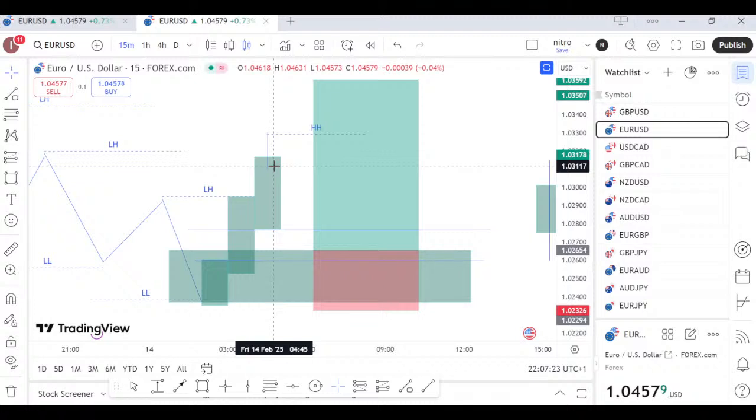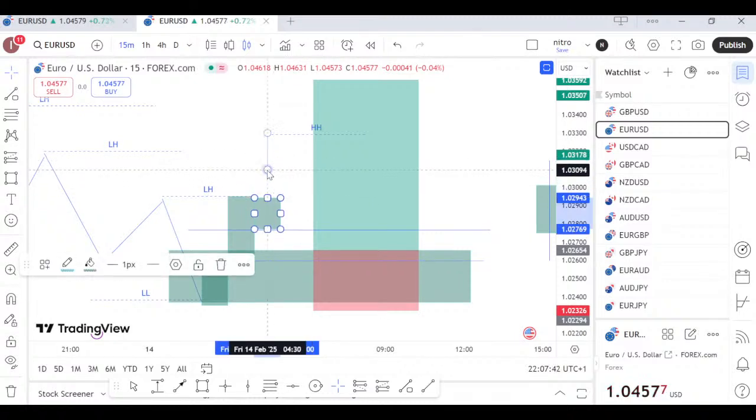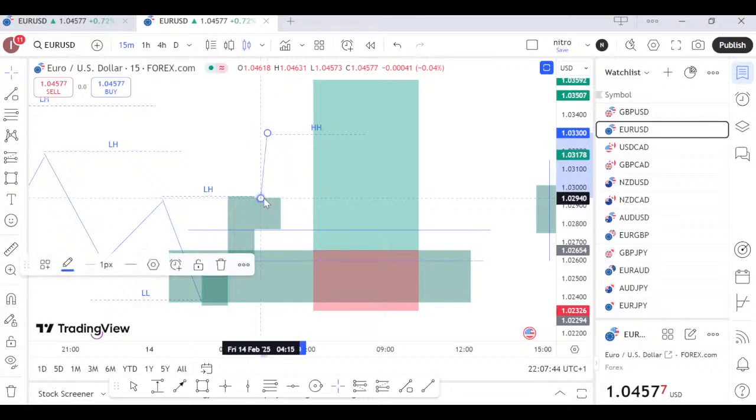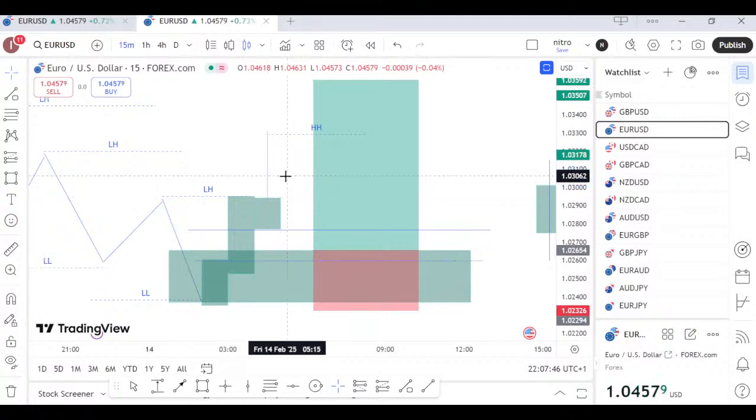And then this one closes above it. So your candle has to close above your previous lower high to consider that a valid market structure shift. If it's just a weak one, for example, let's say it closes above it like this, no, this is not a valid break of structure because this is just weak.